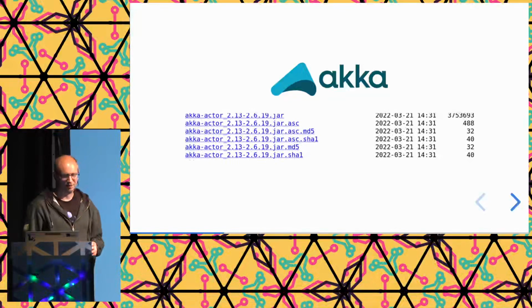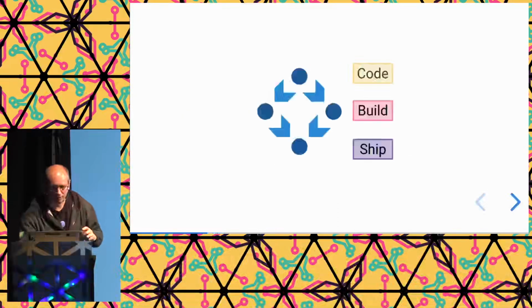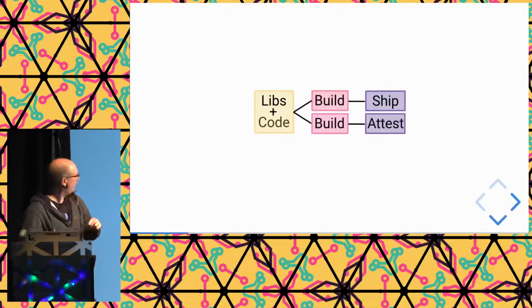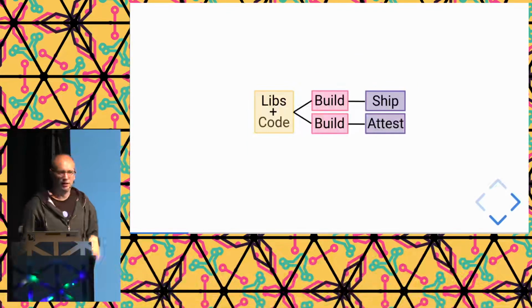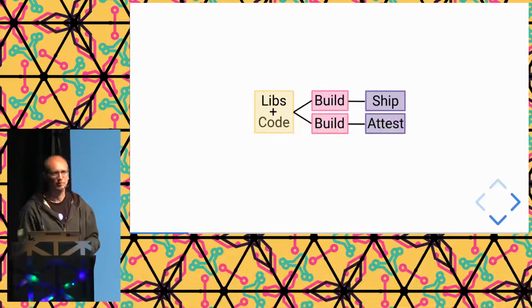I think these are mainly there for legacy reasons, just to check that the download didn't fail and stuff like that, and not for security reasons. If you would create an attestation, so you ship some code, and also you create an attestation that says, okay, I built this, and the hash of the binary is this and this, then you would use a stronger hash like SHA-512 or stuff like that. Definitely agree. Okay, good. Thanks.